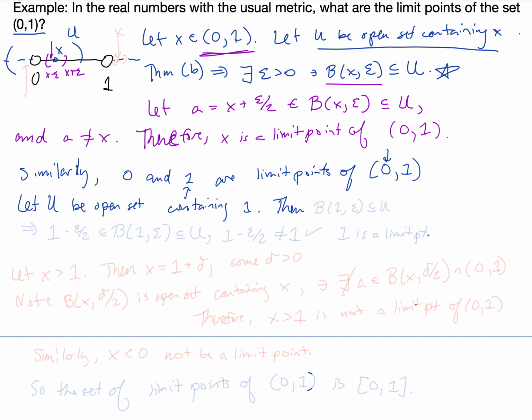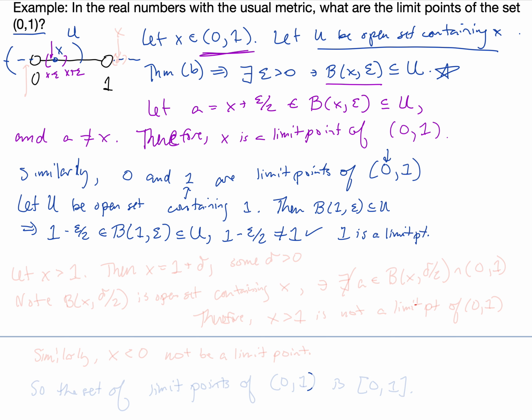Then the ball centered at 1 with radius epsilon must be contained in U by this theorem about open sets. And this tells us that the point 1 minus epsilon over 2 would be an element of this ball centered at 1 of radius epsilon, which is a subset of U. And we know that 1 minus epsilon over 2 is not equal to 1. So this tells us that 1 is a limit point.